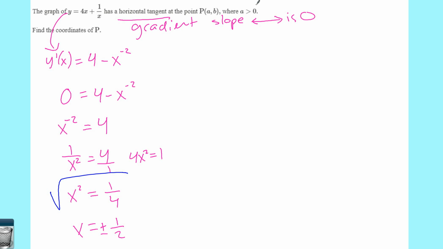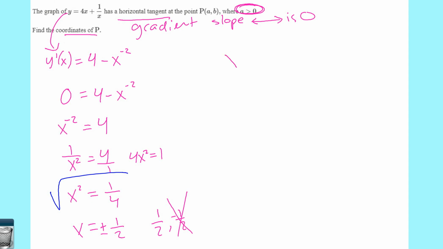What did it say up here? A is positive, so we're not focusing on the negative value. This is 1/2. So we want to know what the coordinates are. Well, that's our x value. Remember, the x values of an original function and its derivative are the same.